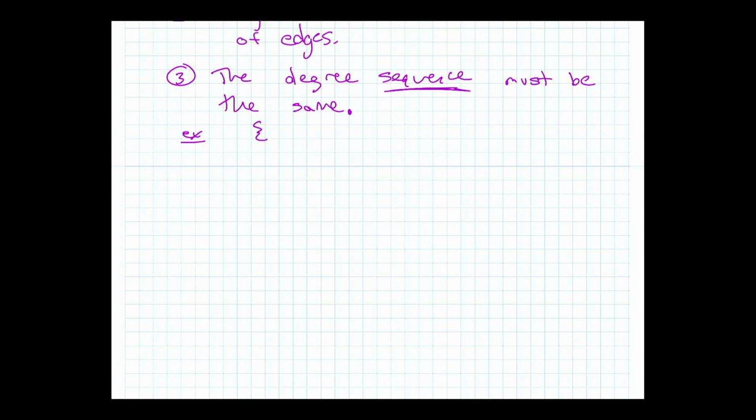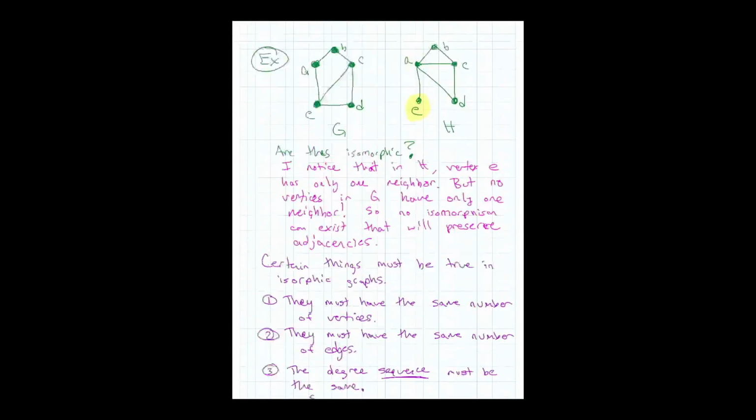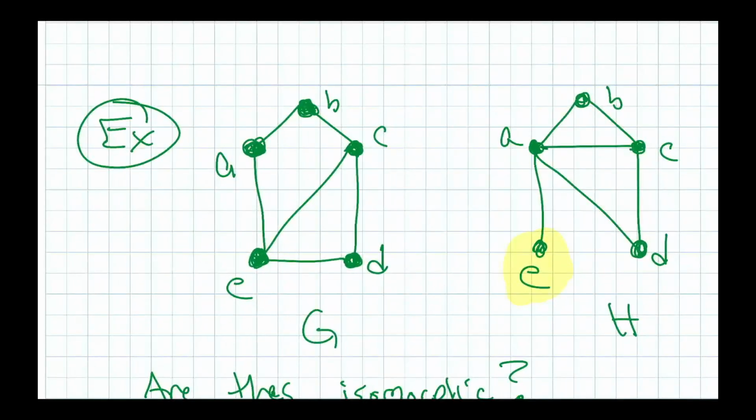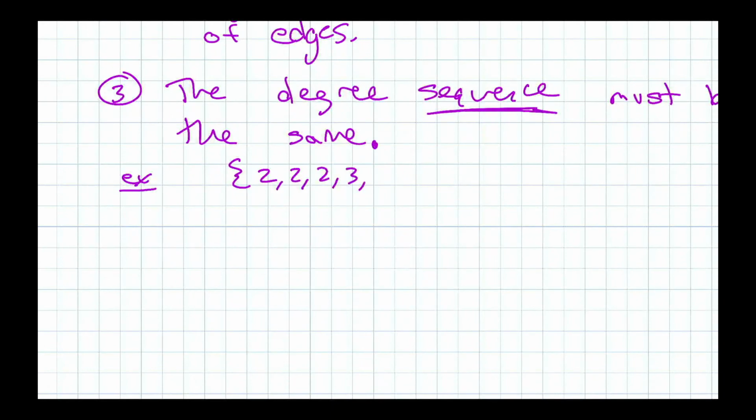Let's just use these two as an example. If you write out the degree of each vertex, what do we have? 2, 2, 3, 2, 3, right? Or if we put it in ascending order, there's 2, 2, 2, 3, 3.